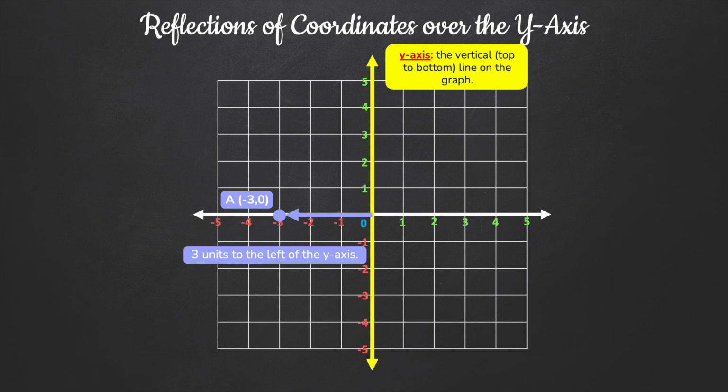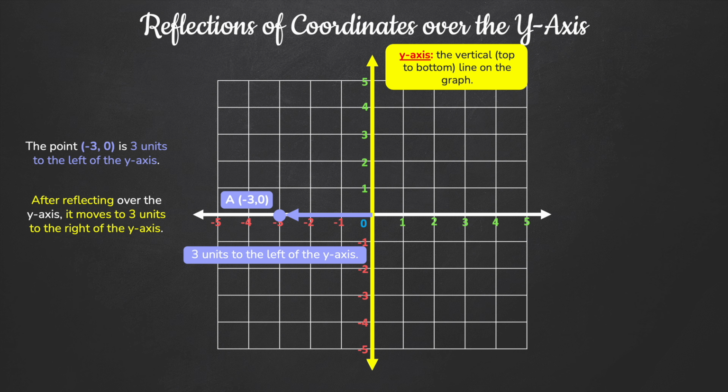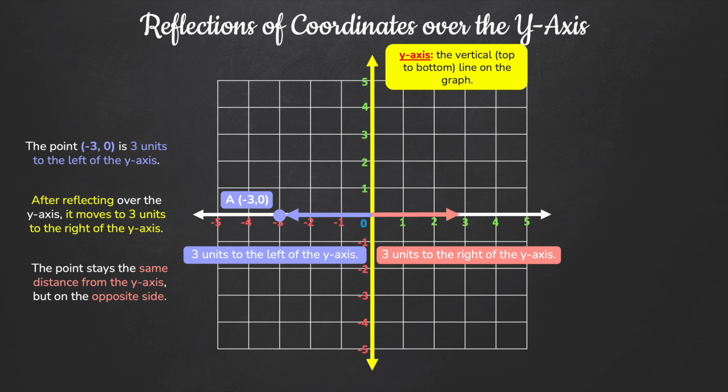So this point here is 3 units to the left of the y-axis. If we reflect it over the y-axis, it moves 3 units to the right. So the point stays the same distance from the y-axis, but it's going to be on the opposite side.